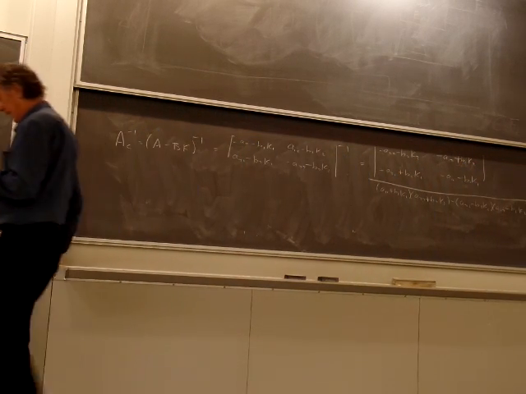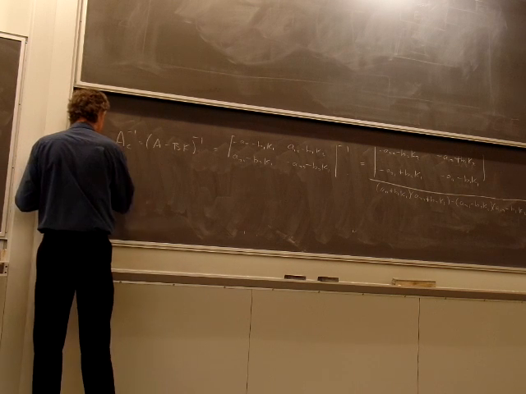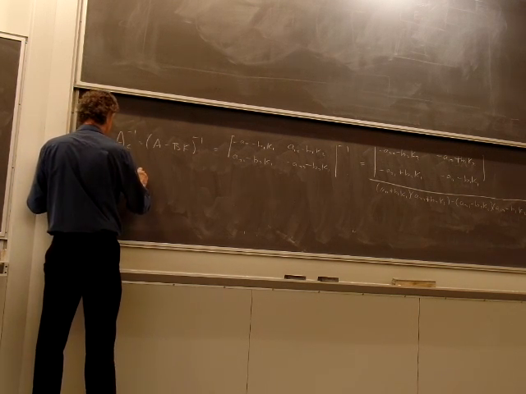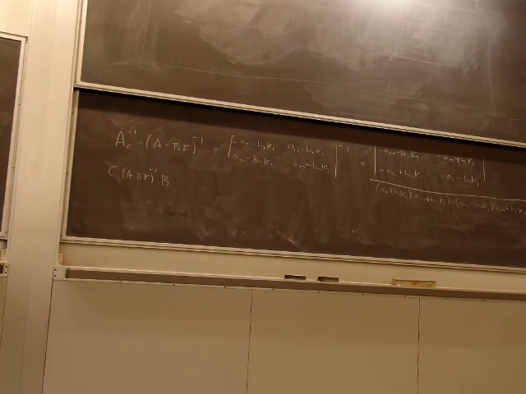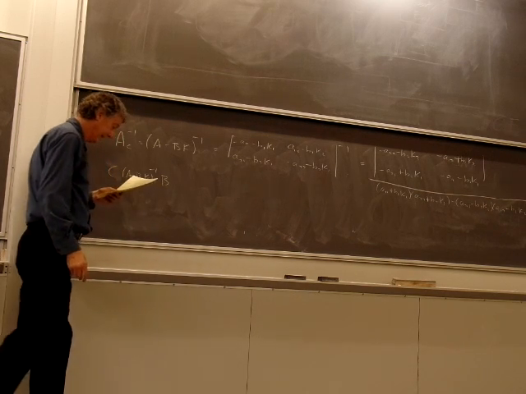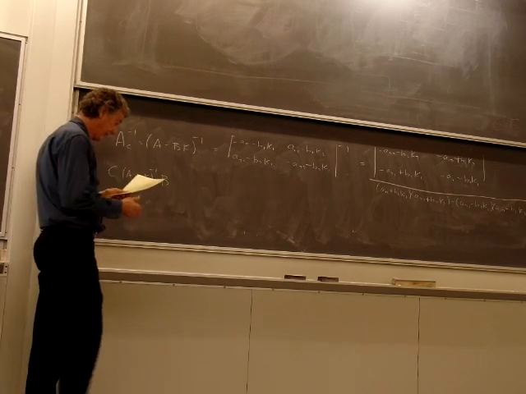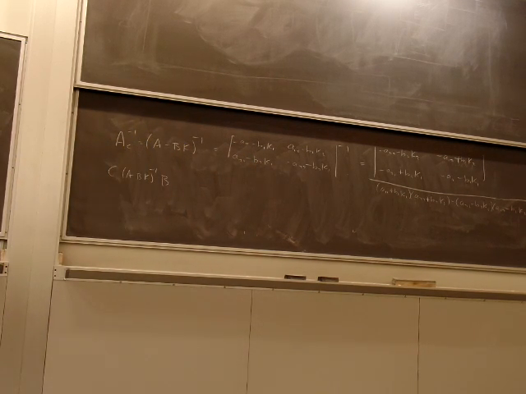And then I need to find C times A minus BK inverse times B. Now I have all the parts to find this E prime.